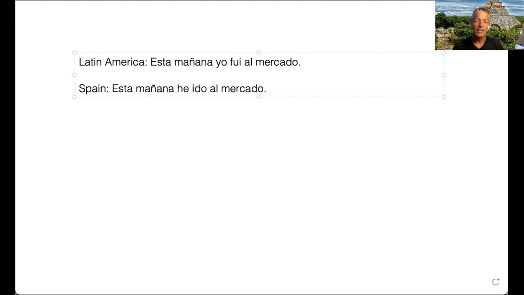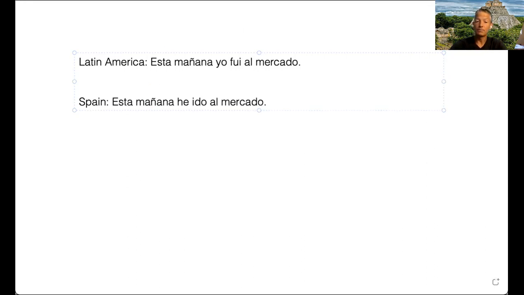Okay, it literally translates as this morning I have gone to the market. But in Spain, they use the present perfect not only the way we do to have done something, but they use it for a very near past, like today, maybe yesterday, but a very, very close past. So instead of saying fui, they'll say he ido.